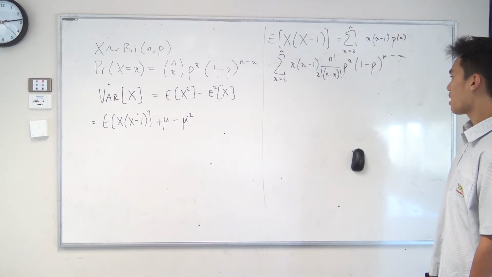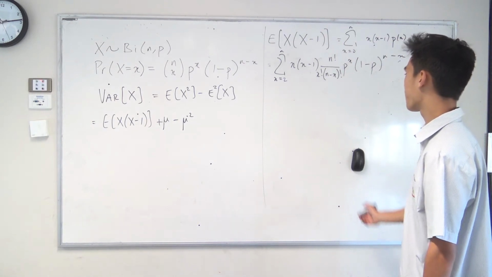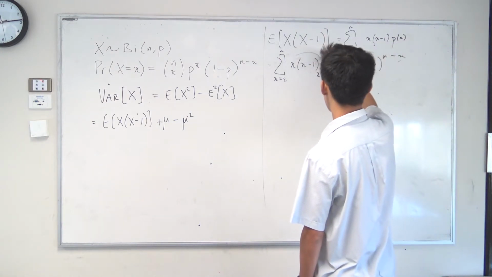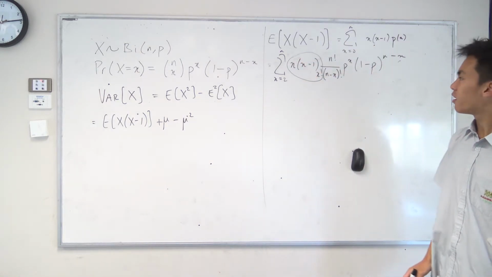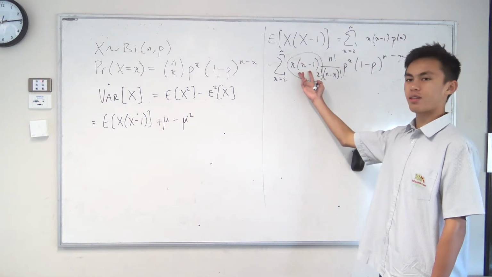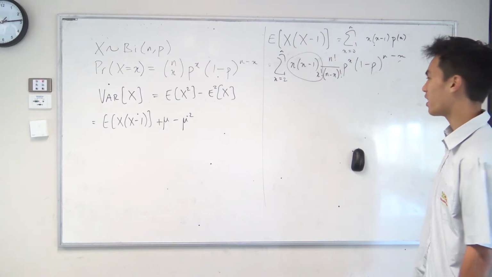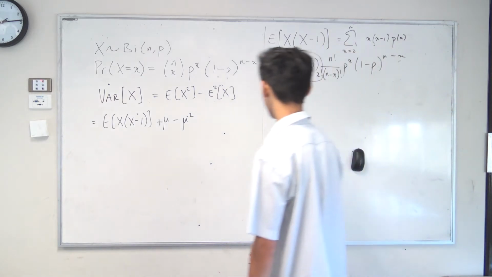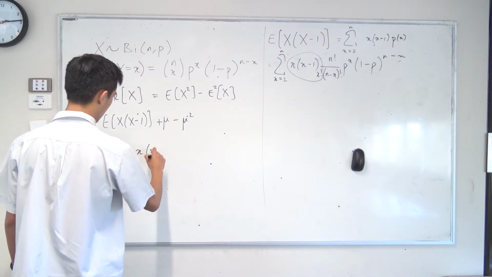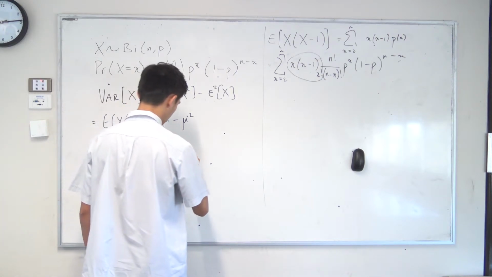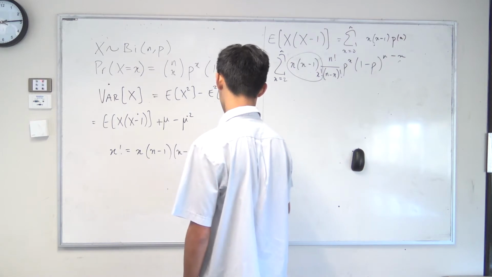Alright, and now I want to take a look at a little bit of factorial stuff, because if you look at this part right here, x factorial, and we have this x times x minus 1. This part right here looks like a truncated factorial kind of, and we can actually simplify that thing quite nicely, because x factorial is exactly equal to x times x minus 1 times x minus 2 times dot dot dot times 2 times 1, like so.